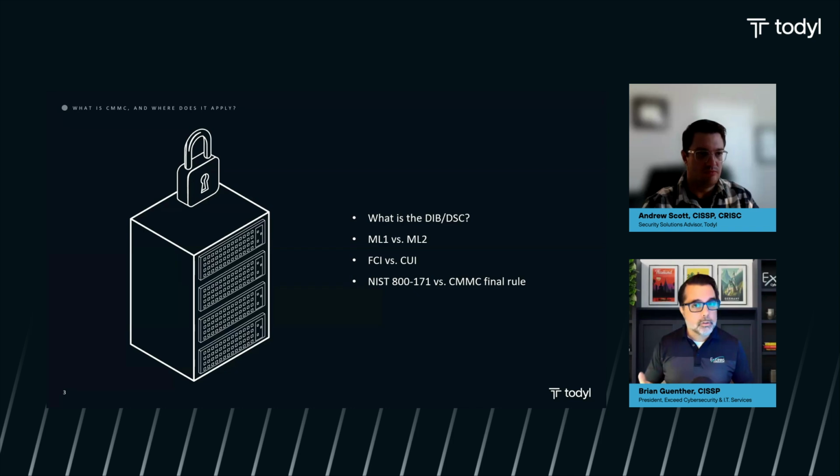Now, if we're talking about maturity level two, that is far greater. You think that 17 is quite a bit? Well, I hope you're sitting down, hold on to your hat, because maturity level two is 110 controls, which is actually the exact same thing as NIST 800-171, Special Publication 171. And that has 110 controls or practices around 14 different domains.